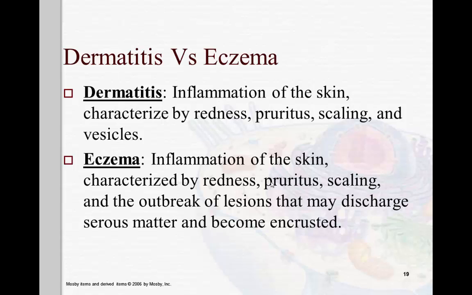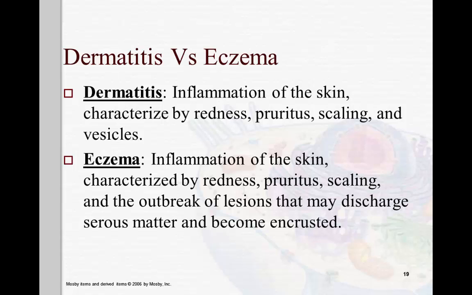Now let's talk about dermatitis. Dermatitis is a superficial inflammation of the skin that is characterized by redness, edema, oozing, crusting, scaling, vesicles, and pruritus, of course. Pruritus is very common.